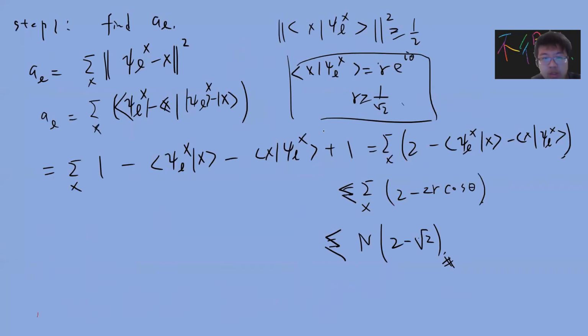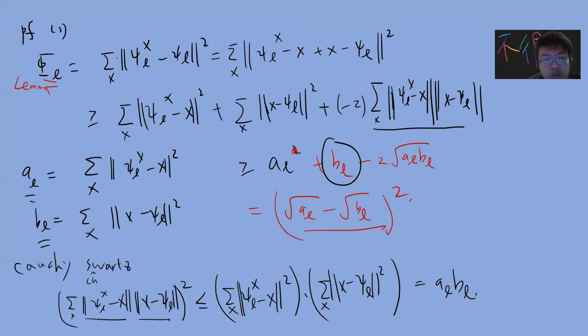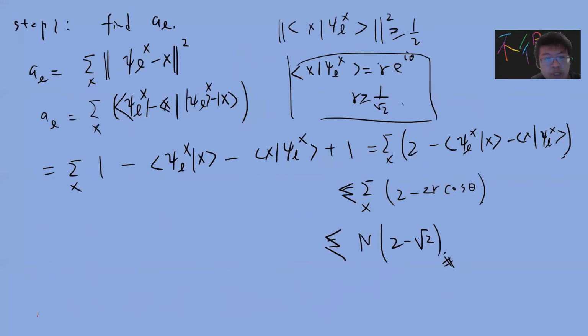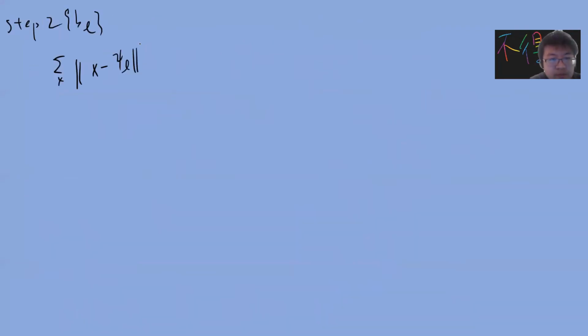Then our step 2 is to find BL. So step 2: let me just write this. We get x minus psi L squared. This is our goal, find this one. So let's write phi to be a x, the x or particle x.